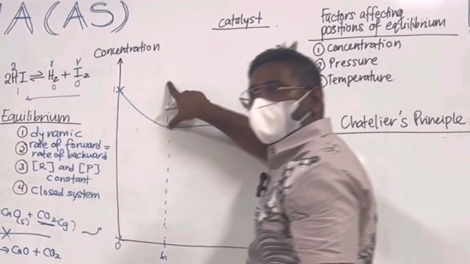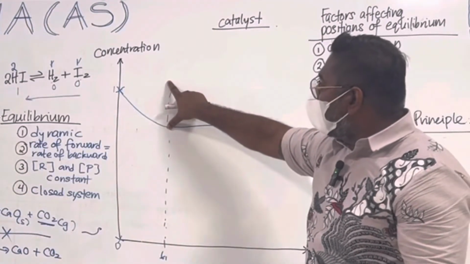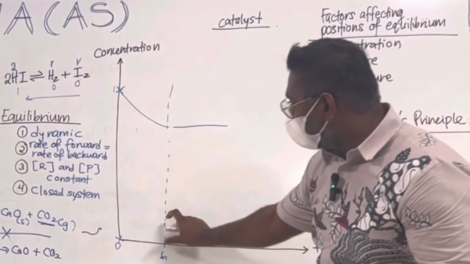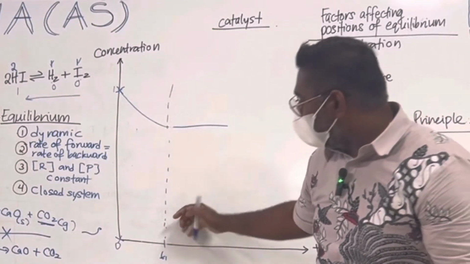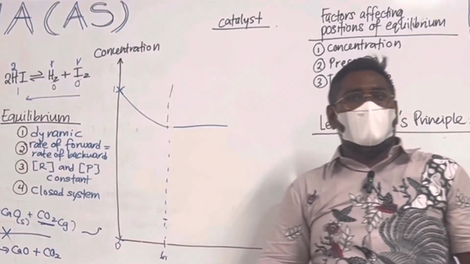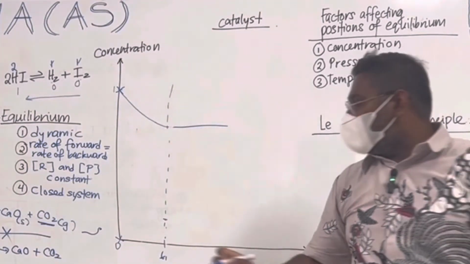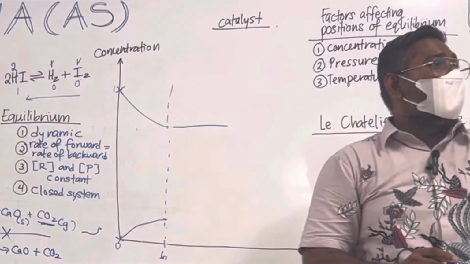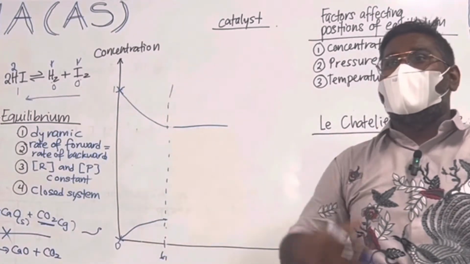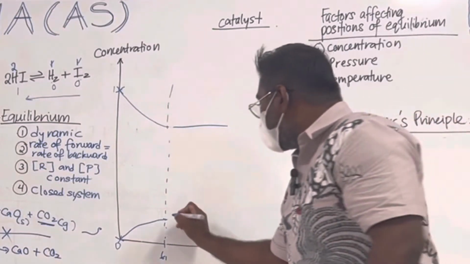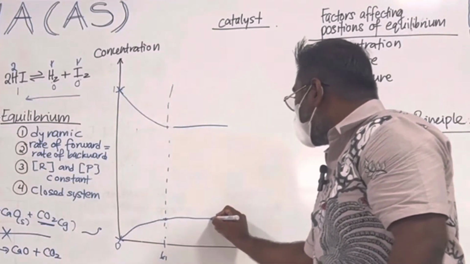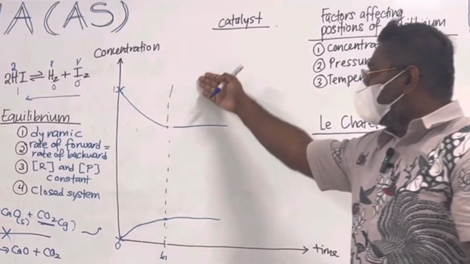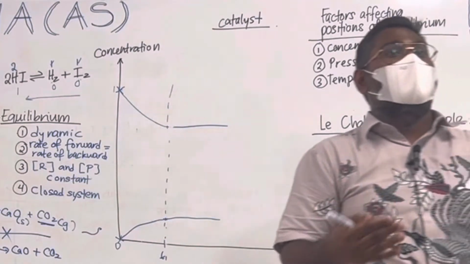So let's say half of the value, maybe until here. I put it over here. It means that my H2 will increase up to here. And after that, they have reached equilibrium. They are going to be constant as well. This is what we say as the system has already reached equilibrium.